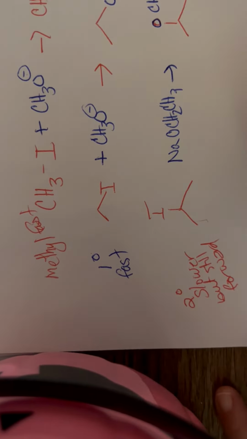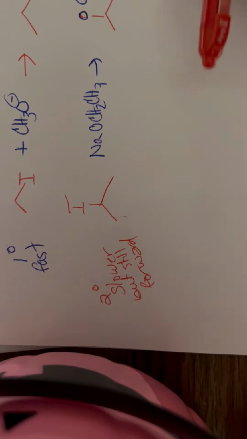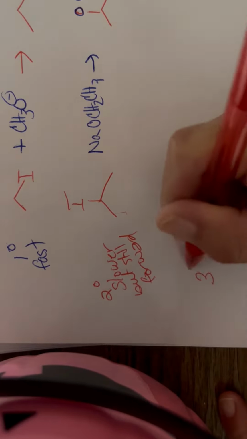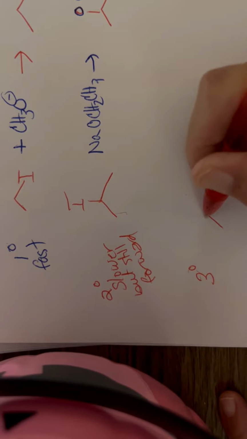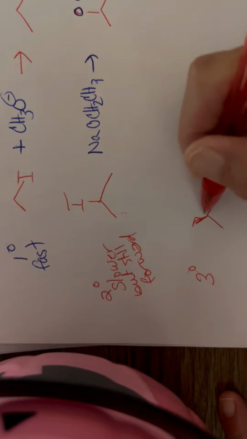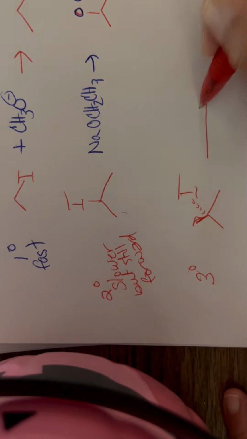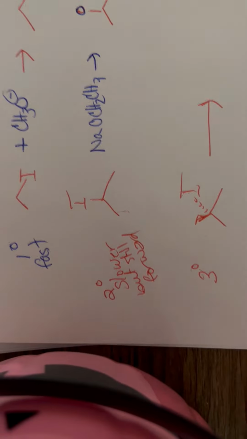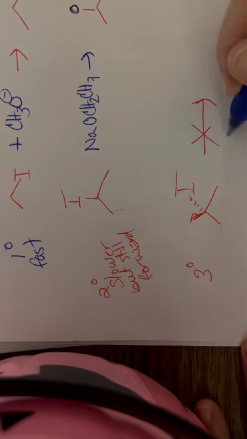Once I have a tertiary, so I'm just going to put a methyl here and my iodide here. It will not go forward for SN2.